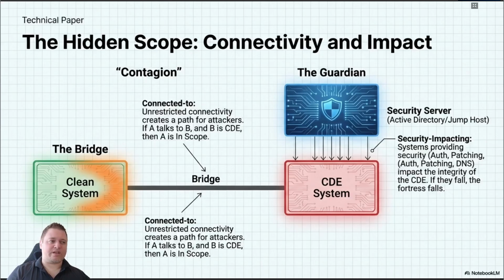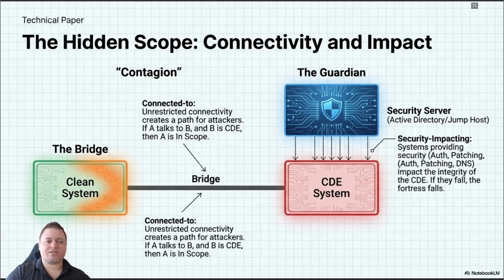The hidden scope, connectivity and impact. Now, let's say you have a system and you have a CDE and you have the Guardian, which is the software environment, like on your computer, software virus protection, for example. Now, on the bridge, if it's unrestricted connectivity, if the bridge is unrestricted and it connects directly to the CDE from a clean system, if A talks to B and B is the CDE, then A is in scope.